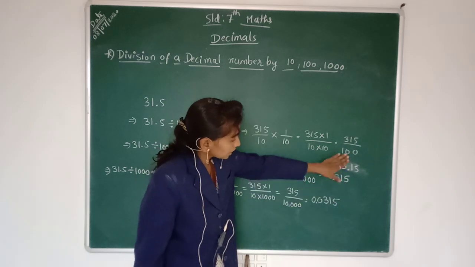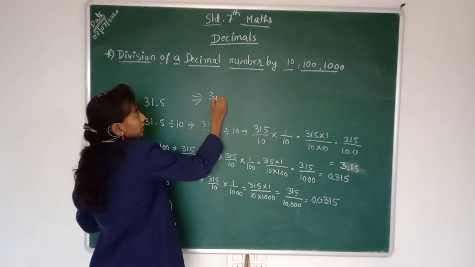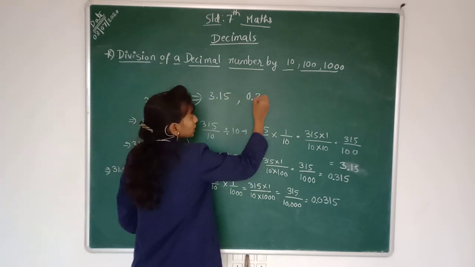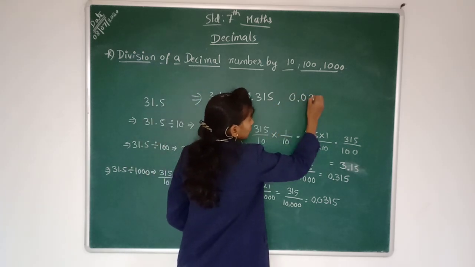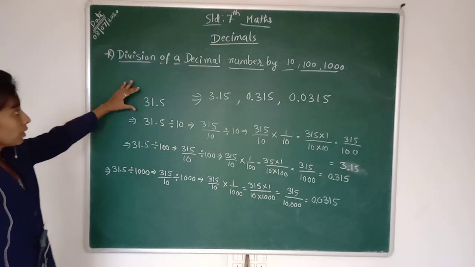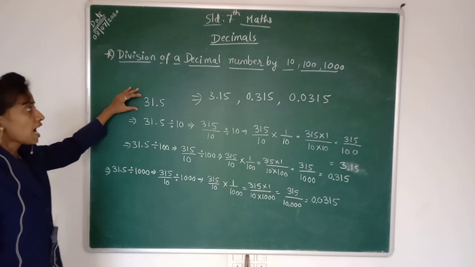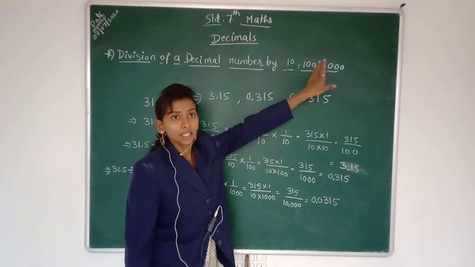Compare these three numbers: 3.15, 0.315, 0.0315. For the same number, 31.5, I divided by 10, 100 and 1000.